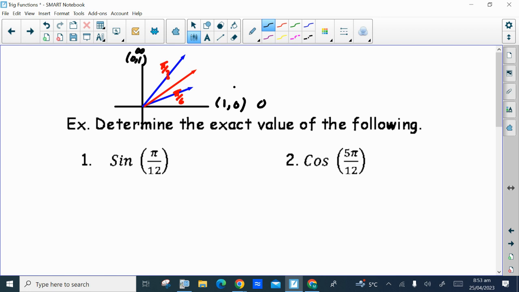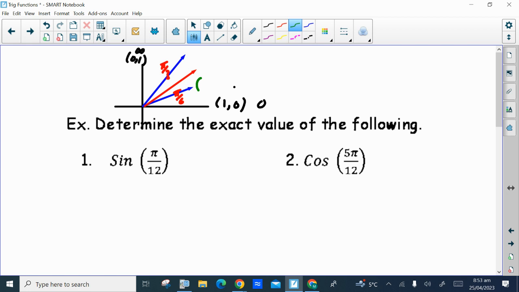So, to get the coordinates at pi on 6, remember, use the hand trick. Pi on 6 is the first angle, which is your second finger, because the little finger actually counts for 0 degrees. So when you put down this index finger, it's the root of this many fingers over 2, comma, the root of this many fingers over 2.